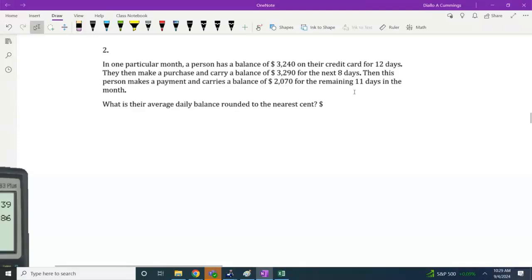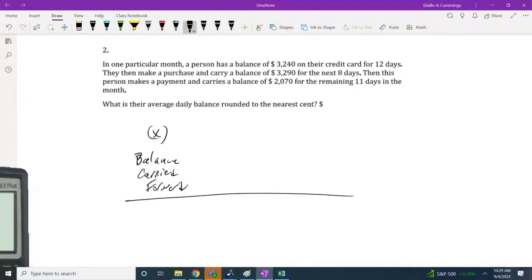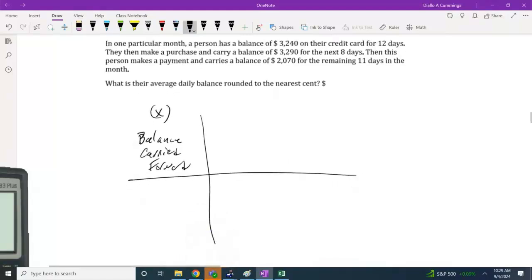In this particular instance, we have the balance carried forward. That's like our X. We also have the number of days. That's our W as far as that formula is concerned.